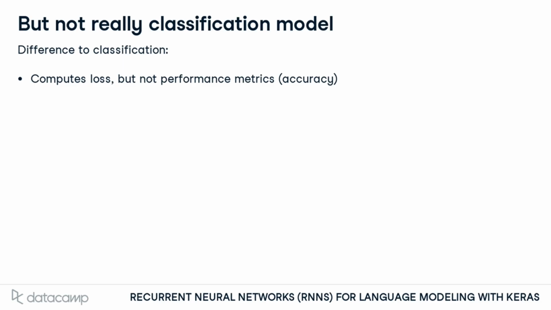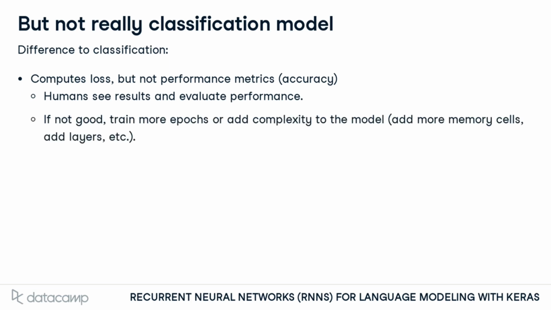To measure the performance, humans need to read the generated text and determine if it is good. If it is not good, we can train the model for more epochs or add complexity to the model by increasing the number of memory cells, adding more layers, etc.